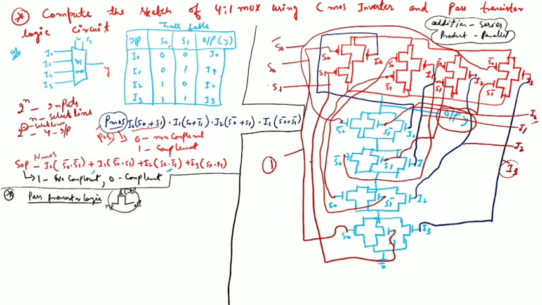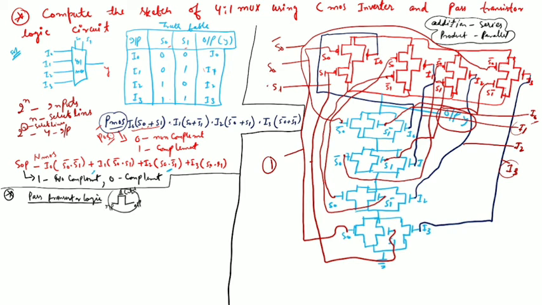When S0 and S1 are 0 1 in these inputs, means when this S0 is active in case of PMOS, and this S1 complement is active, then we get I1 in the output. So Y will be selected to I1. Similarly, when S0 is 1 and S1 is 0, means this type of inputs are active, then in the output I2 will be selected.